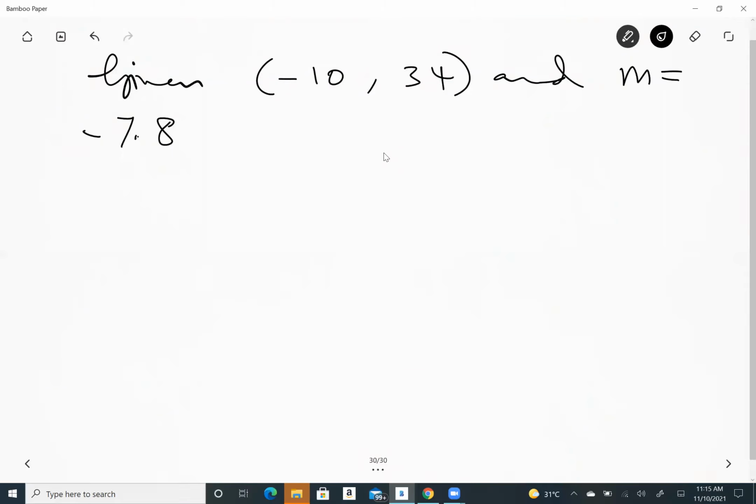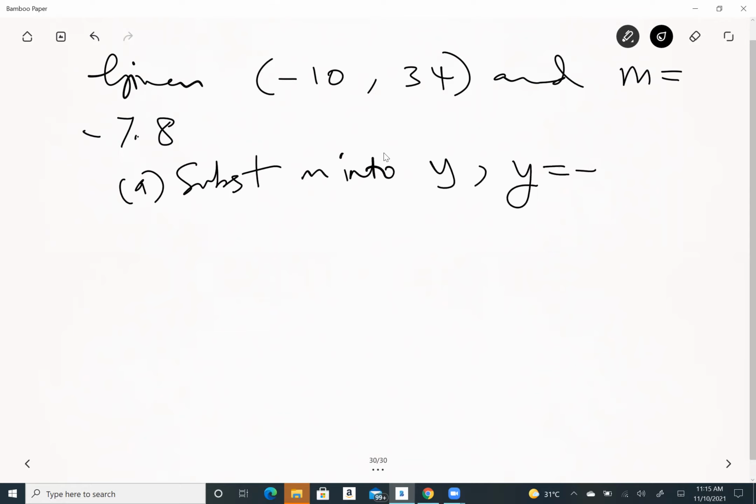So firstly, substitute m into y. What do we get? We get y equal to negative 7.8x plus b.